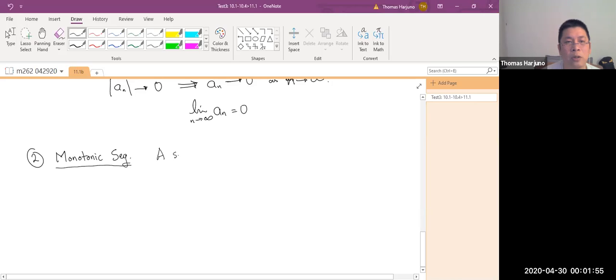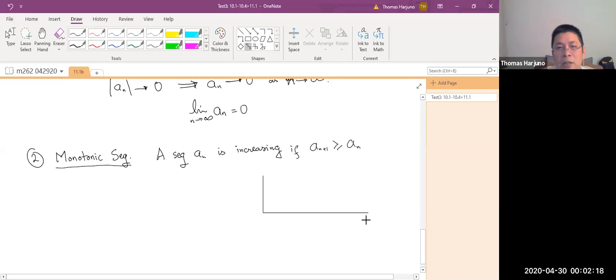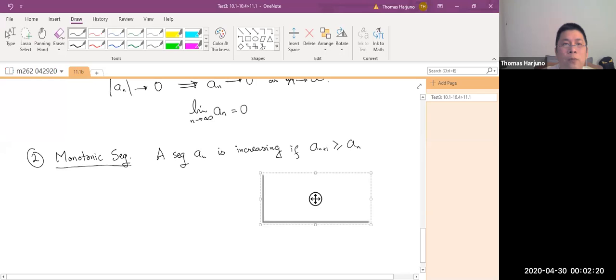A sequence a sub n is increasing if the next term is greater than or equal to the current term. In some sense, it follows what we learned before on increasing functions.